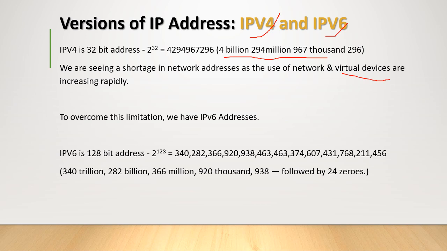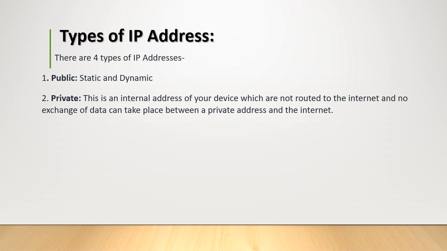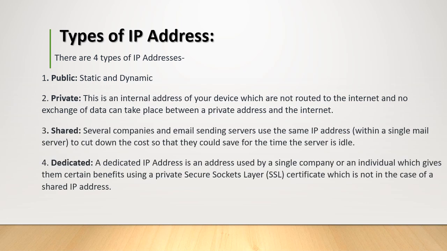Okay. And let's see the types of IP address. We have 4 types of IP addresses available, which is public, private, shared, and dedicated. Public means which is assigned by your internet provider. Once you get an internet connection from your provider like Airtel, they provide one IP address, which is a public IP address, to connect your network.